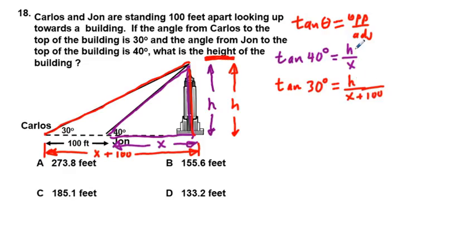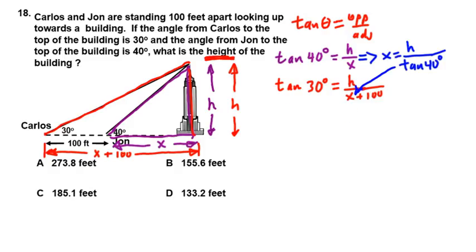So we solve for x in the tangent 40 degrees equation. If we cross multiply, x is equal to the height h divided by the tangent of 40 degrees. We have tangent 40 degrees times x, then divide by tangent 40, and this is what we substitute for x in the second equation.